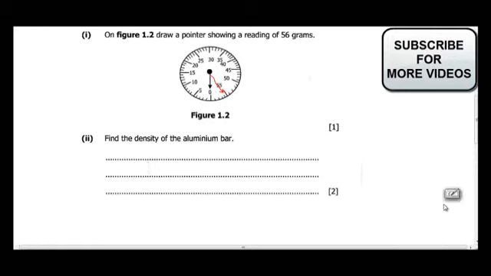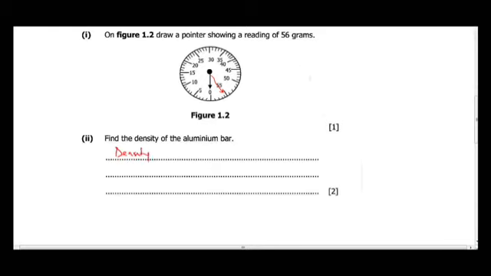Part D says find the density of the aluminium bar. Density is mass over volume. Our mass is 56 g, while our volume is 20 cm cubed. So 56 divided by 20.